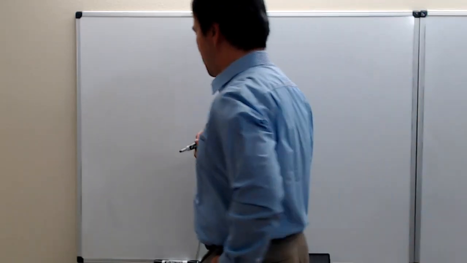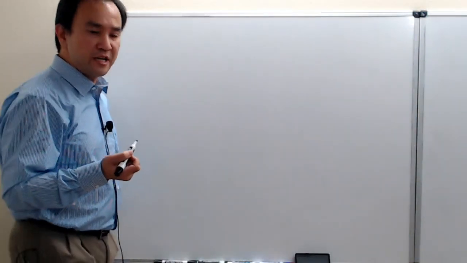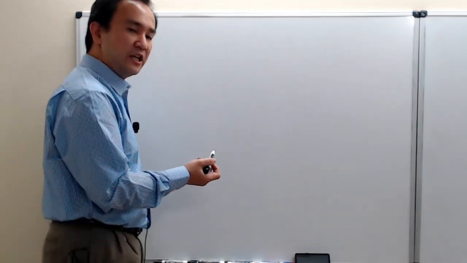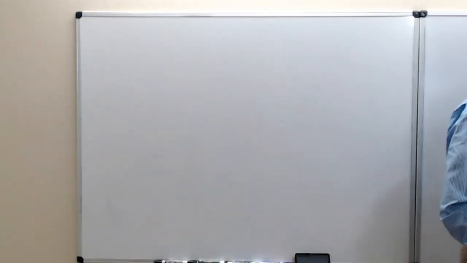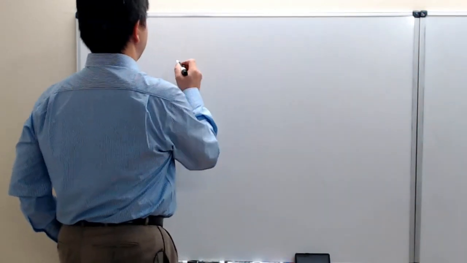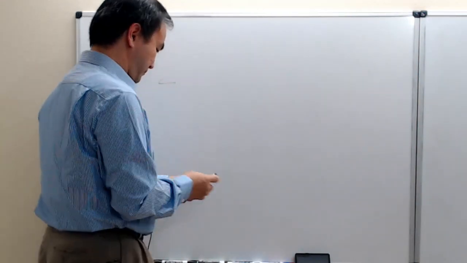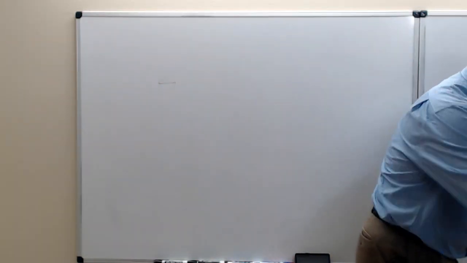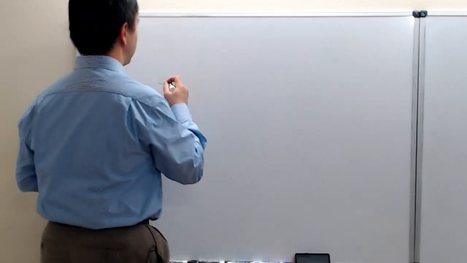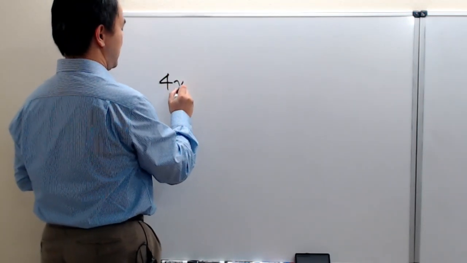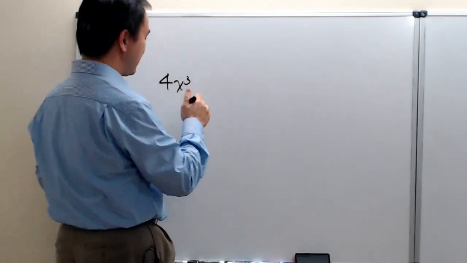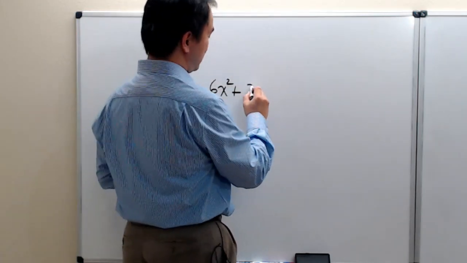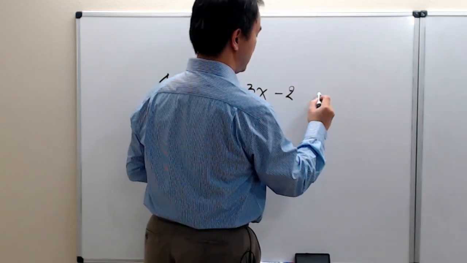All right, so before I actually bring up the example, let's have a look at the following equation: x cubed minus 6x squared plus 3x minus 2 equals 0.